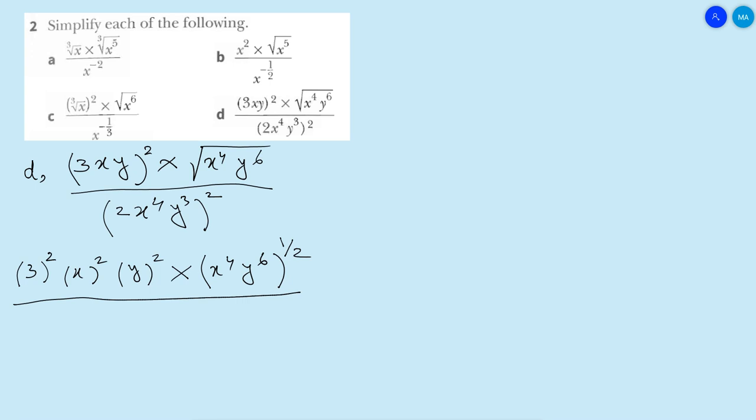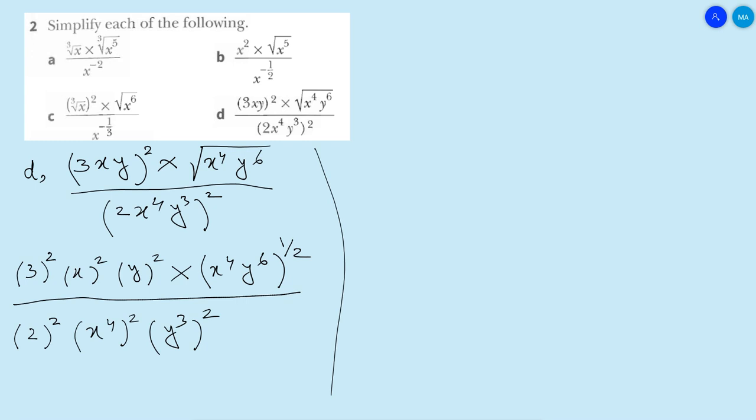Again apply the rule of indices on each and every number in the bracket. We have to apply power 2. So it will be 2 square into x^4 square into y cube square.